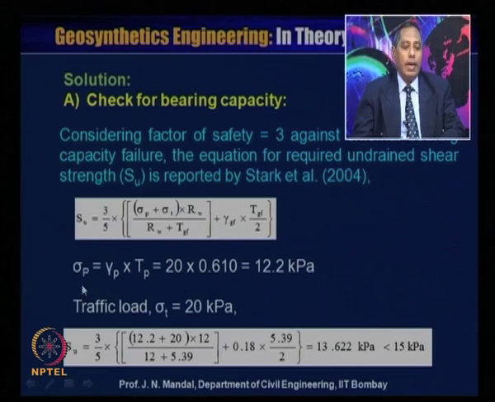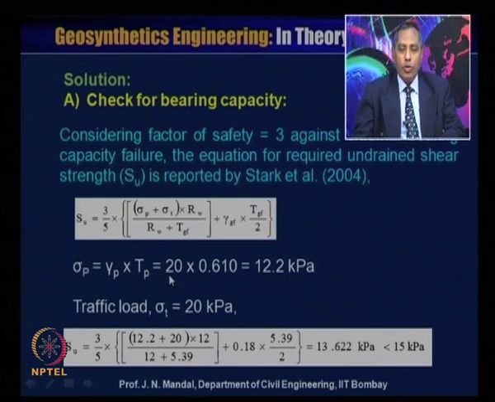So, you have to calculate the normal stress applied by the pavement at the top of the embankment, let us say sigma P. Sigma P is equal to gamma P into T P, the thickness of the pavement, and this is the unit weight.